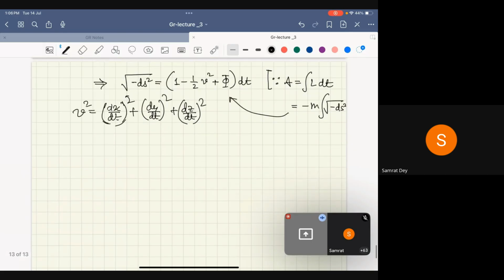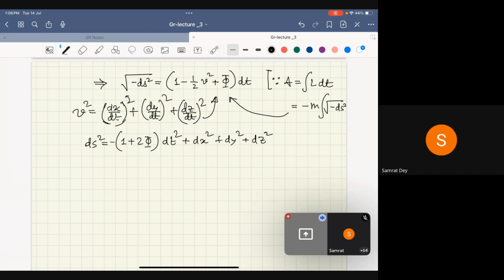If we incorporate these things into this, we will get ds square as minus 1 plus twice phi dt squared plus dx square plus dy square plus dz square.